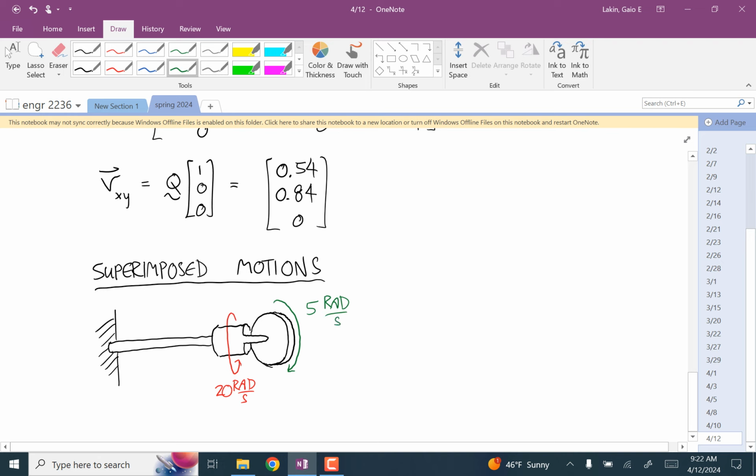And of course, those two things together lead to a really complicated motion. Okay? And we want to calculate, let's say, the acceleration of this point P. Okay?